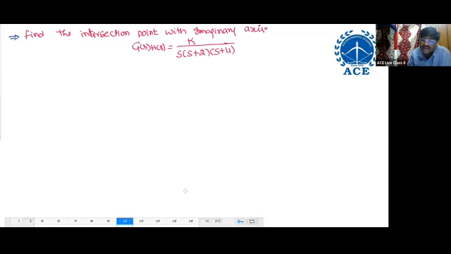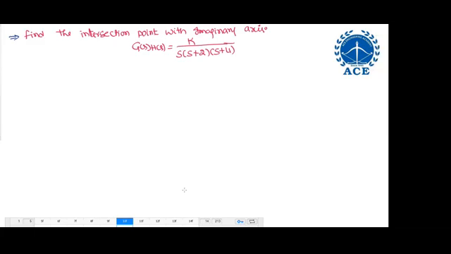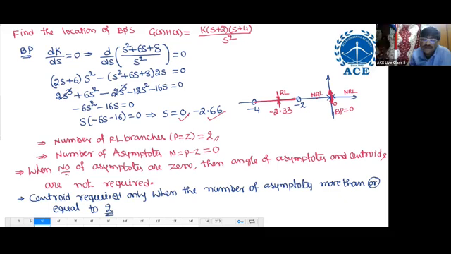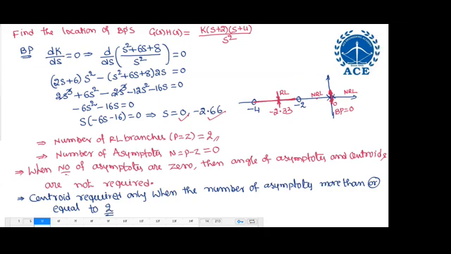Venkatesh. Any doubt? Sri Charan. Sir, here we should take 1 plus G(s)H(s), no sir?